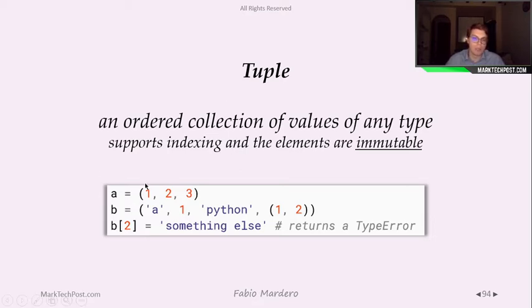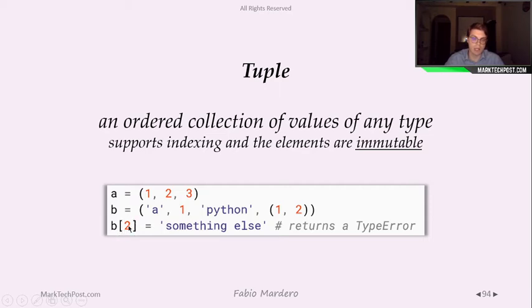A tuple is identified by these parentheses and can contain any type of value. So it can be integers, strings inside the tuple, it could be a tuple of tuples, and whatever. But they are immutable, so I cannot change them by using this notation.